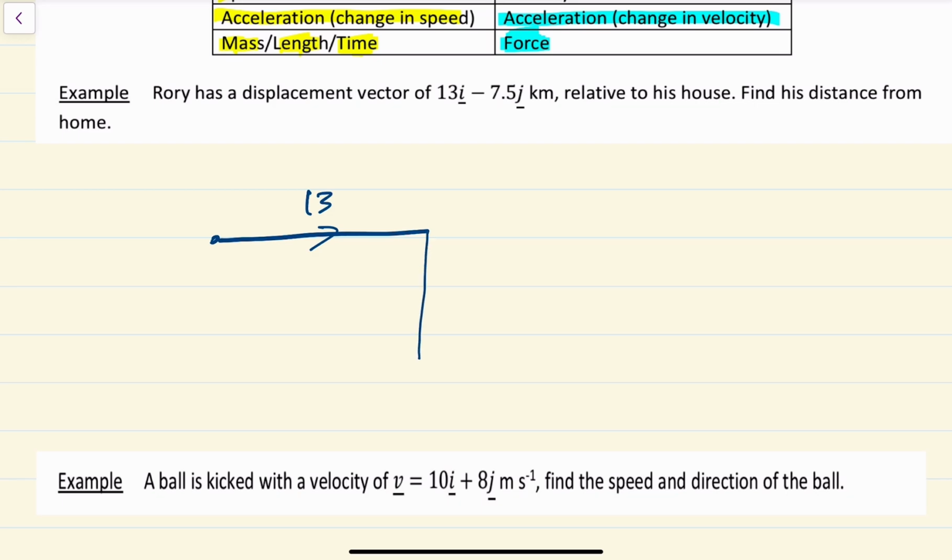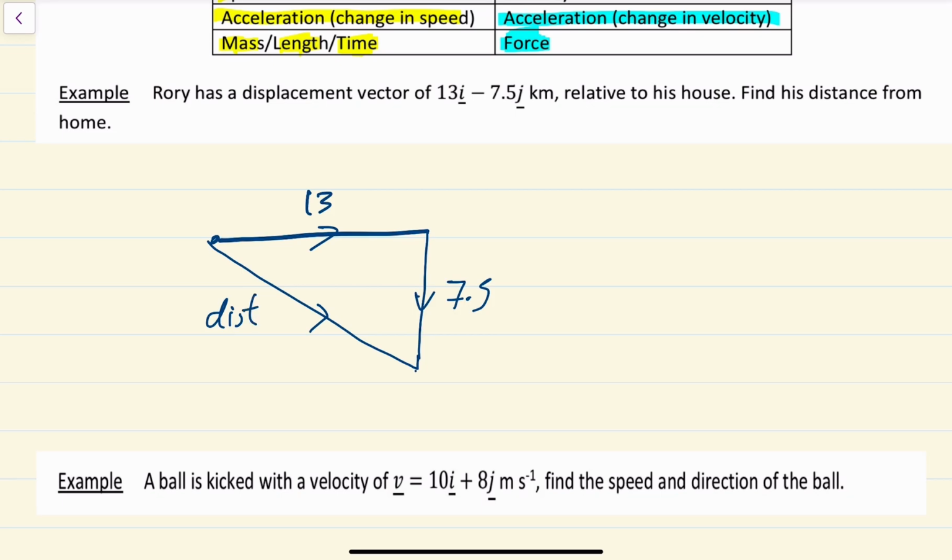So minus j's are going to be down, so it's 7.5 downwards. That's really what it is. So that's how he's moved. He's moved 13 to the right and then he's 7.5 down. His distance then is what we're looking for.